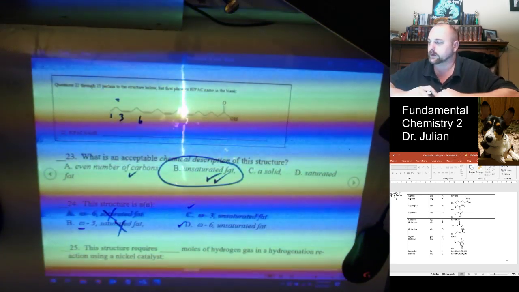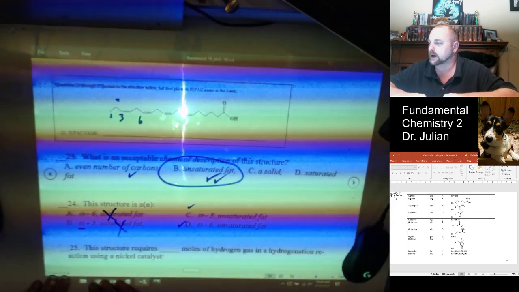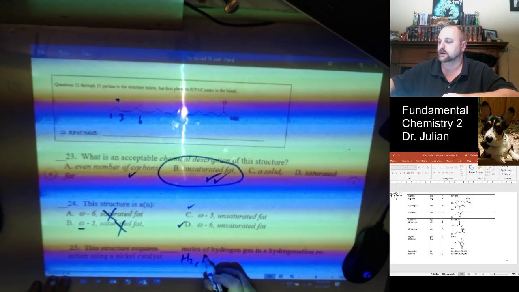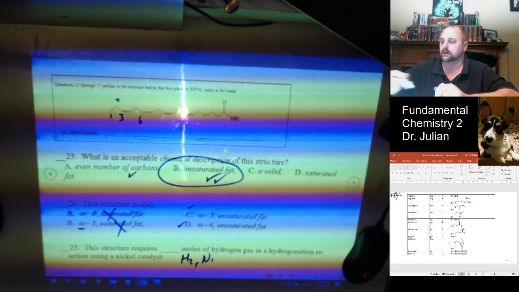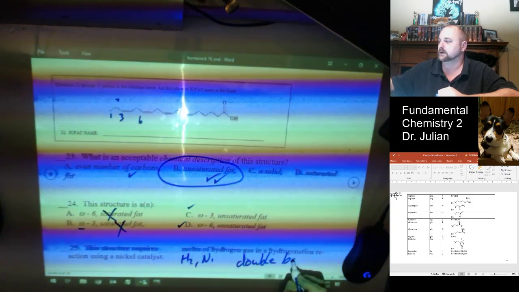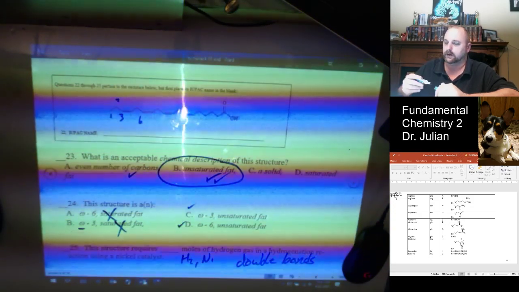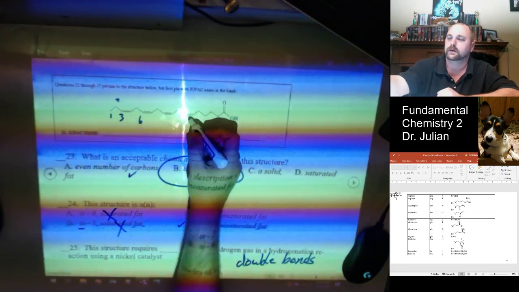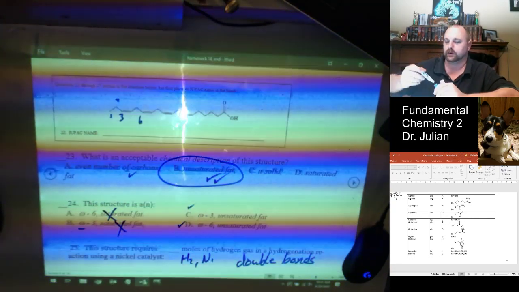And this requires how many moles of gas in a hydrogenation reaction using nickel? In other words, H2 and nickel. All this is how many double bonds? 1, 2, 3, 4.